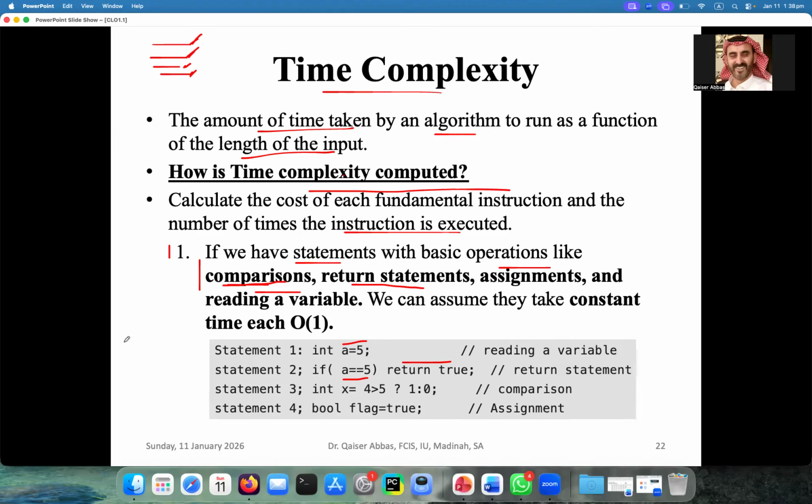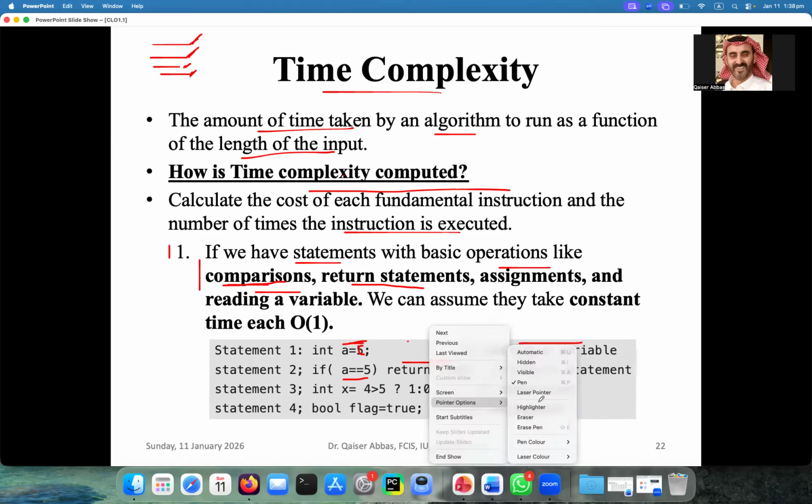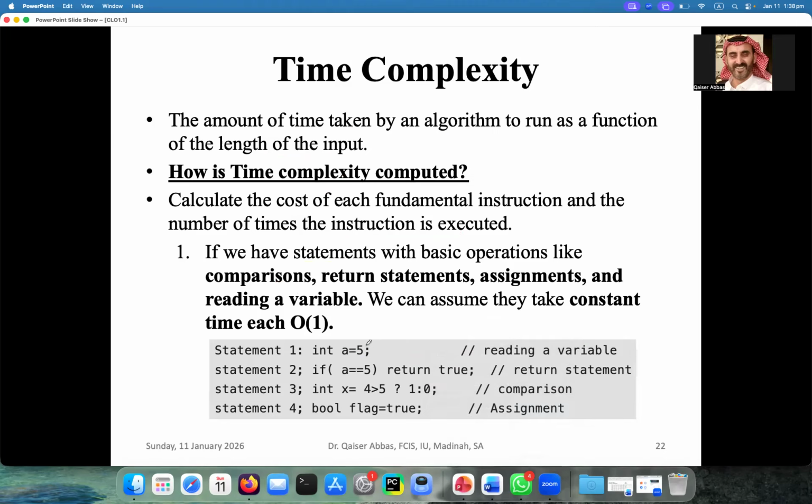So this statement can be an assignment statement, or reading a variable. If I say C here, then it is clearly reading. I have mentioned here: assignment or reading a variable.